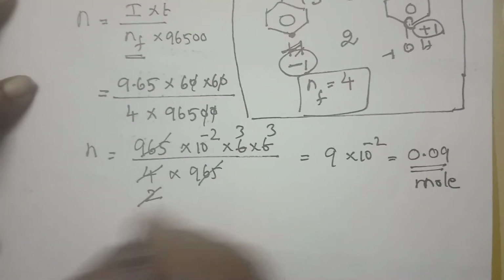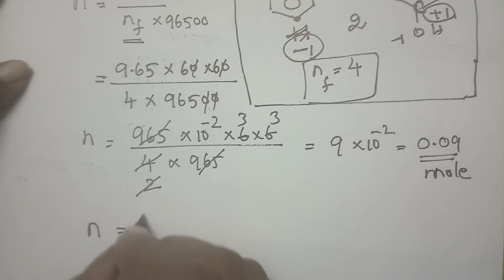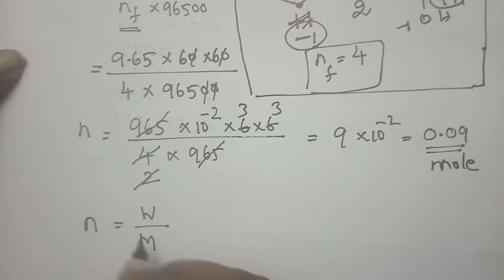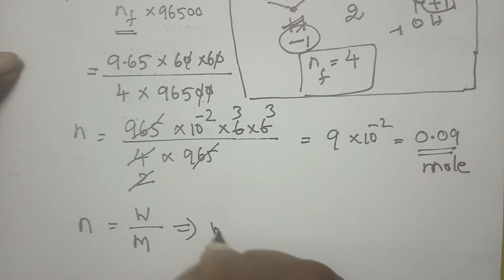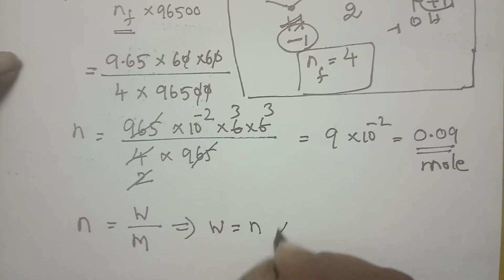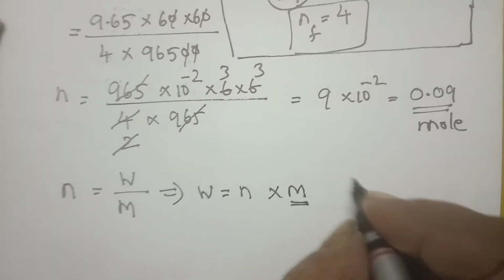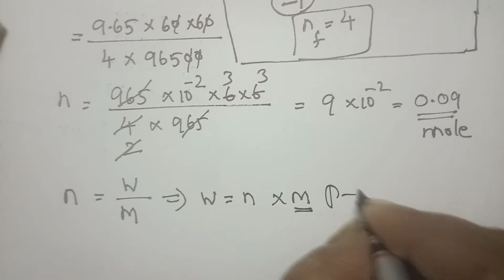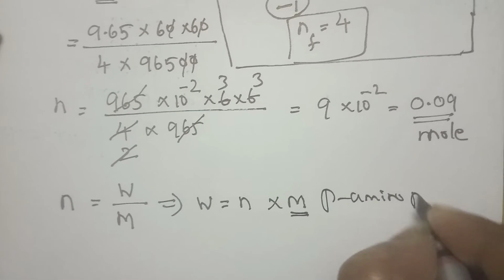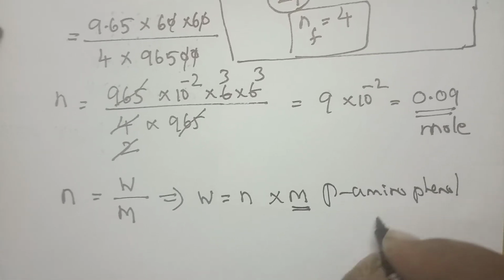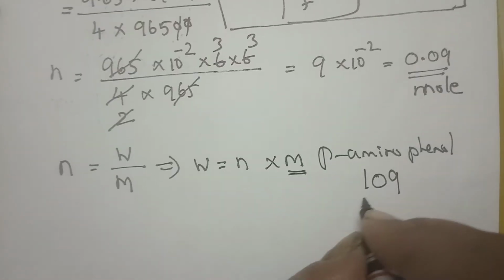It is given n. They are asking W. What is the formula? n is equal to W by M. So that means W is equal to n into M. M is the molar mass of your product, para-aminophenol. The molar mass on calculation we are getting is 109.